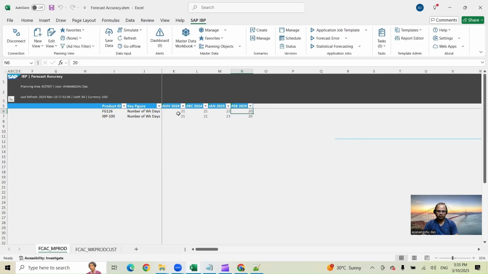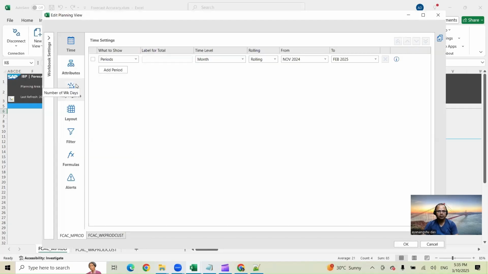If we look at a month level, we might not be able to understand how it is calculating. So let's look at a day level, because that is where we can see how it is calculating. So suppose I want to look at January 2025 till February 2025.